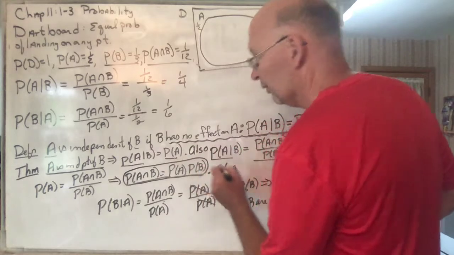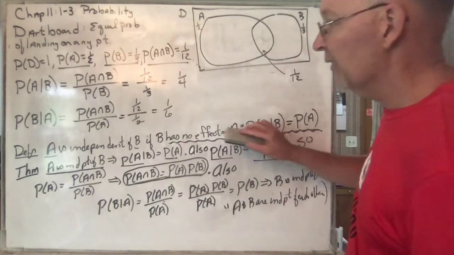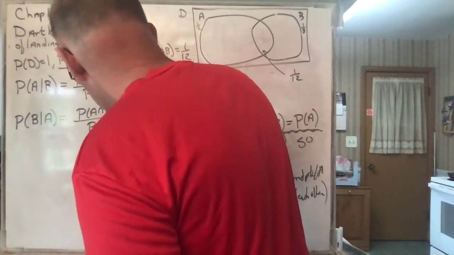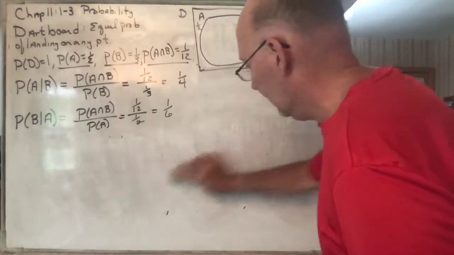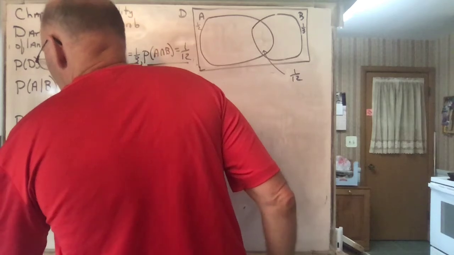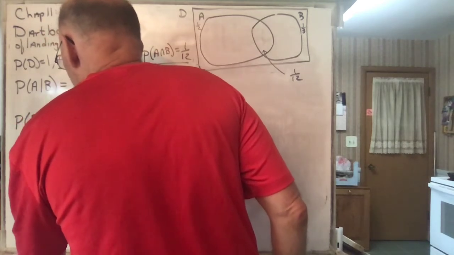This is also true. Okay, so I'm going to get rid of all of this stuff now, and just write down the key result in shorthand, so I have some room. A and B independent. What does that mean?